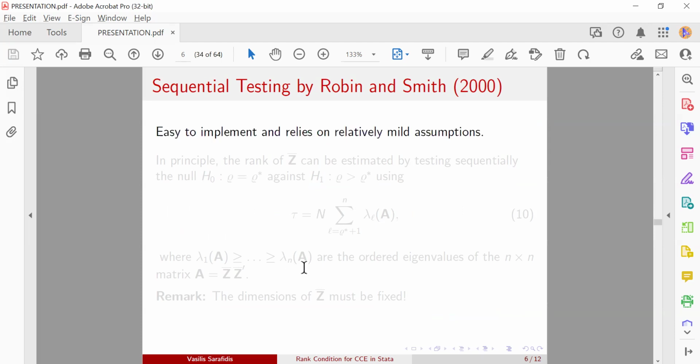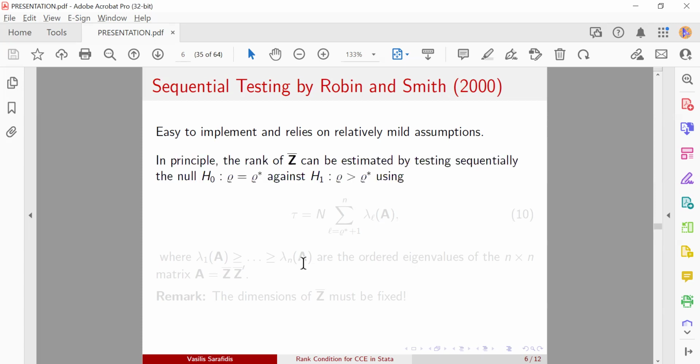The reason is that this procedure is pretty easy to implement, and it relies on relatively mild assumptions. In particular, unlike other methods, this one does not require the variance-covariance of the estimator of the unknown matrix FC to be full rank, or its rank to be known.